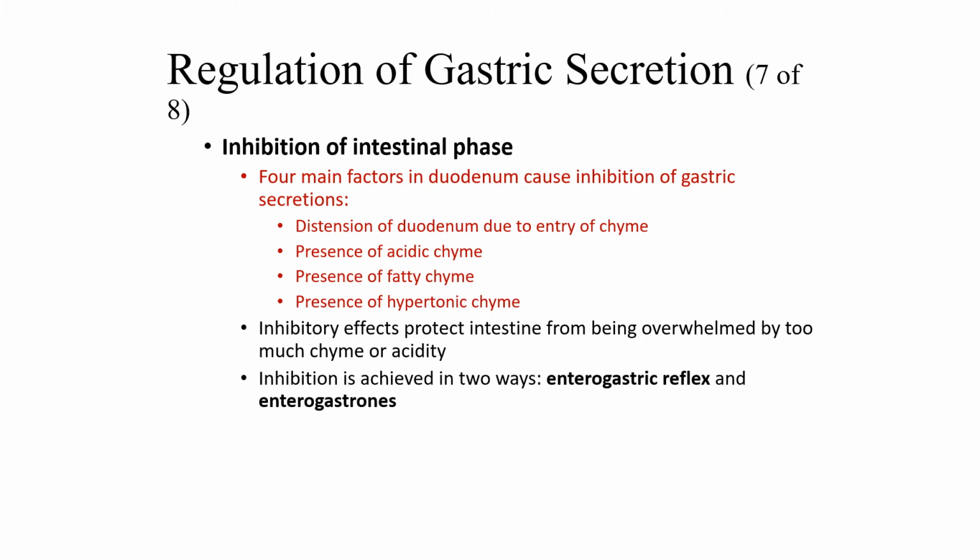The vast amount of lipid digestion takes place in the small intestine. And 4, the presence of hypertonic chyme. Hypertonic. So these 4 factors in the duodenum are going to cause the inhibition of the stomach to produce the gastric juices.